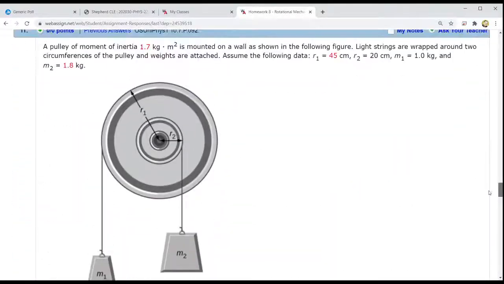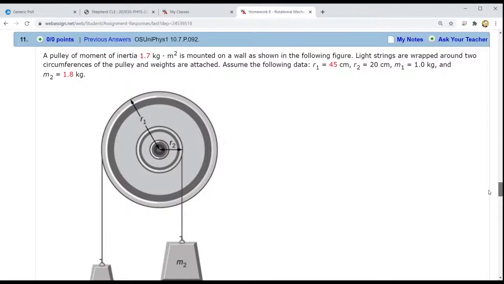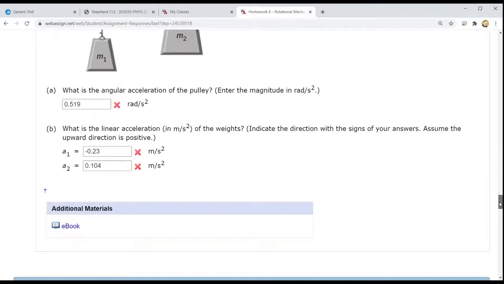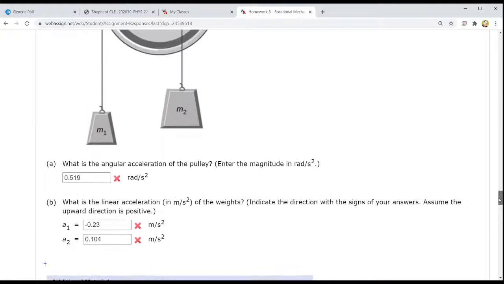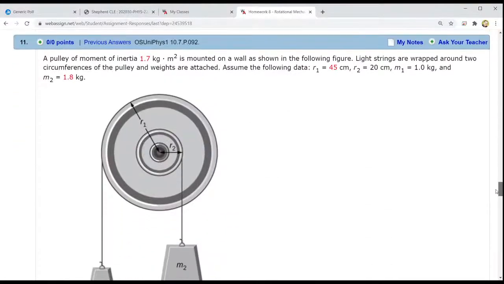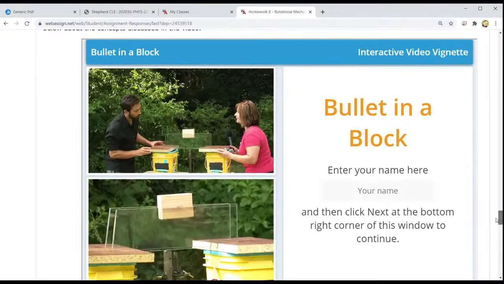I emailed about this problem being incorrectly coded. I haven't heard back yet, but it's worth 0 points. It's a really good problem, but you won't be able to tell if you got it right or wrong. I feel like we should set that problem up so I can show you how you do it. So we'll do that.